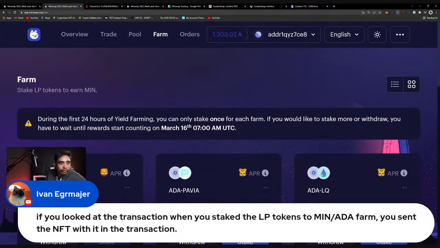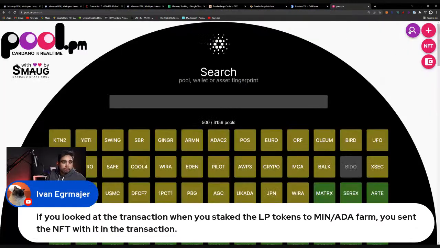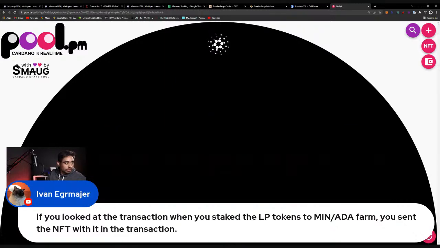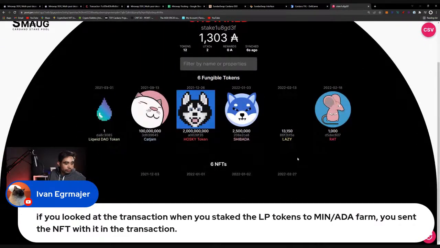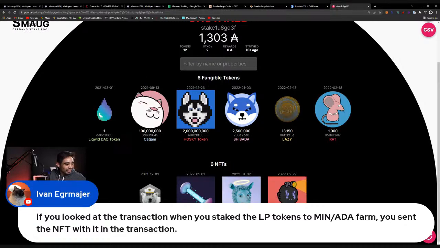A good way to see if I still have the NFT would be to receive. See if I still have it. Don't worry about these random things I have, this is just my random wallet. Okay, look, it appears that you were right. I don't have that NFT here anymore.